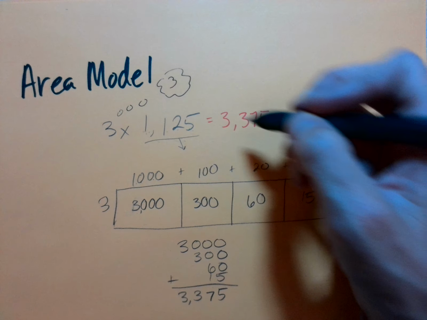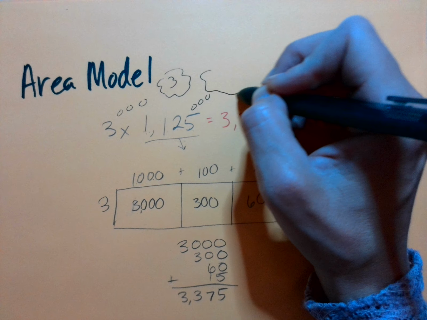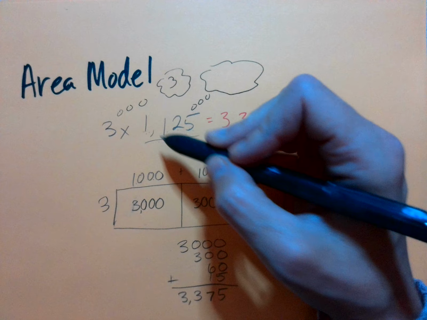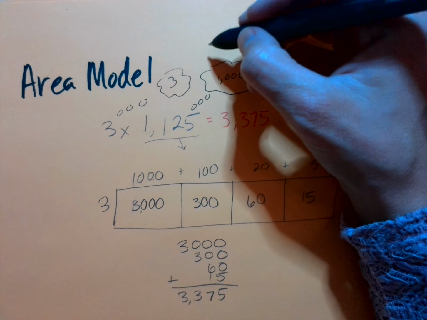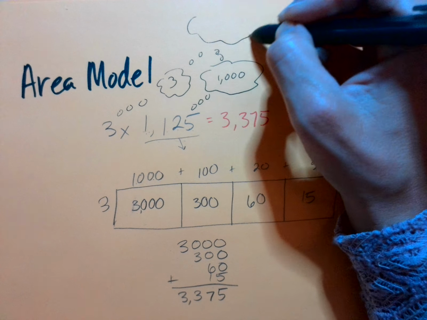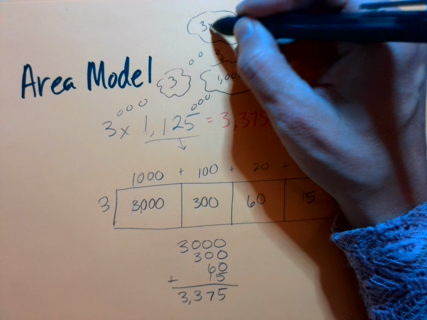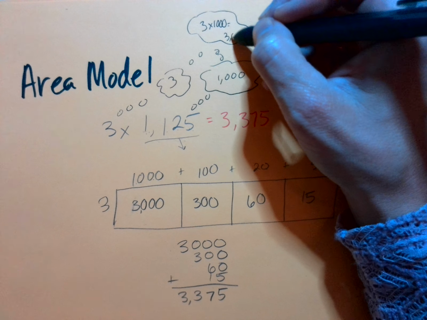That's easy to think about. And this is pretty close to like 1,000, right? So if I put those thoughts together here and I mentally think about 3 times 1,000, well, that equals 3,000.